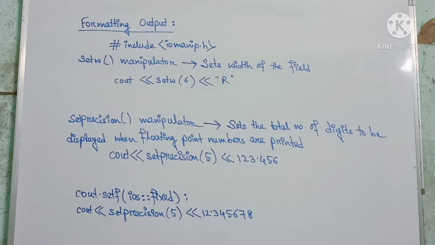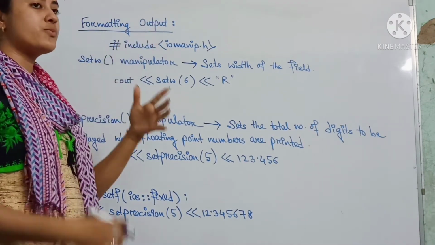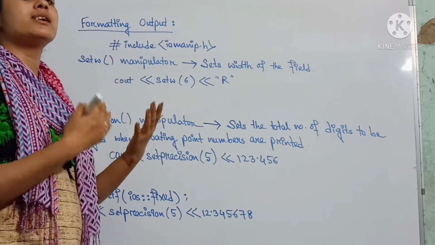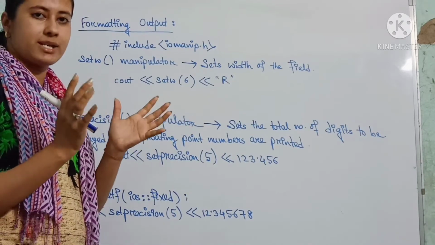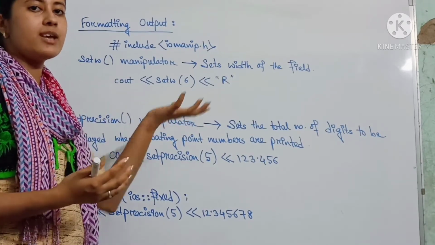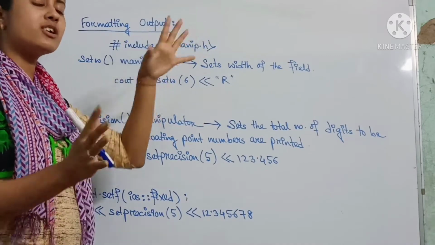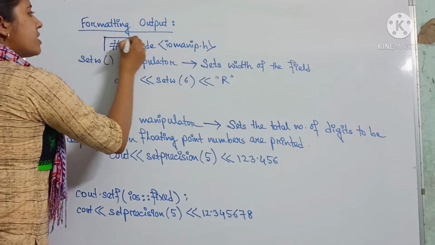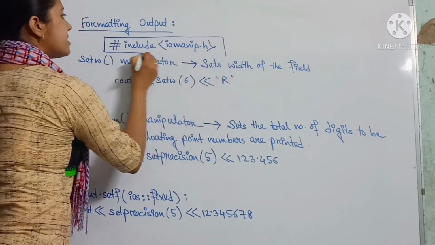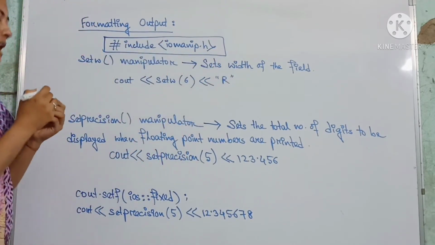Now you see, our next topic is formatting output. Formatting output means we have to manipulate the appearance of the output, so that it appears attractive. For this, first we have to include the header file #include <iomanip.h>.